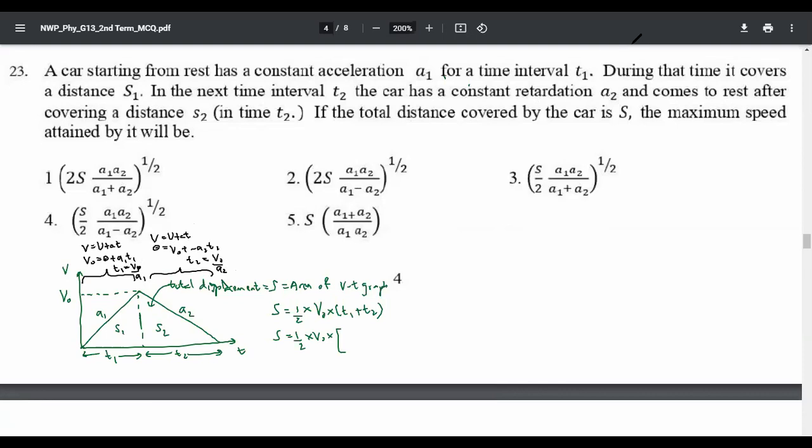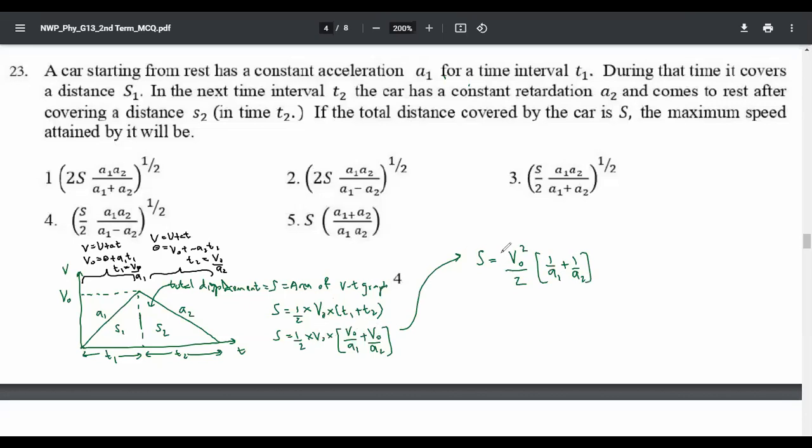So instead of t1, you can put v0 over a1, plus instead of t2, you can put v0 over a2. Taking v0 out, s equal v0 squared by 2, and inside the bracket we have 1 over a1 plus 1 over a2. v0 is common, I take it out.